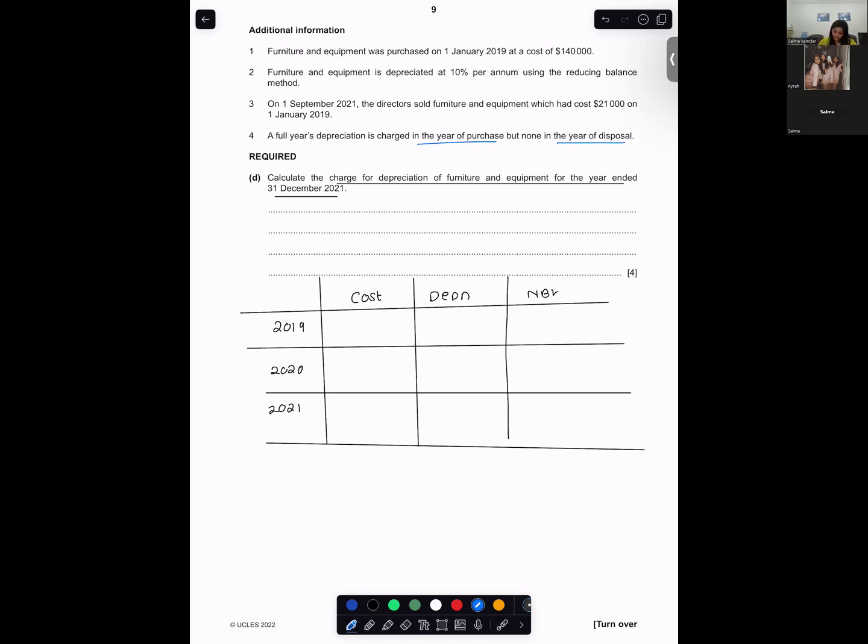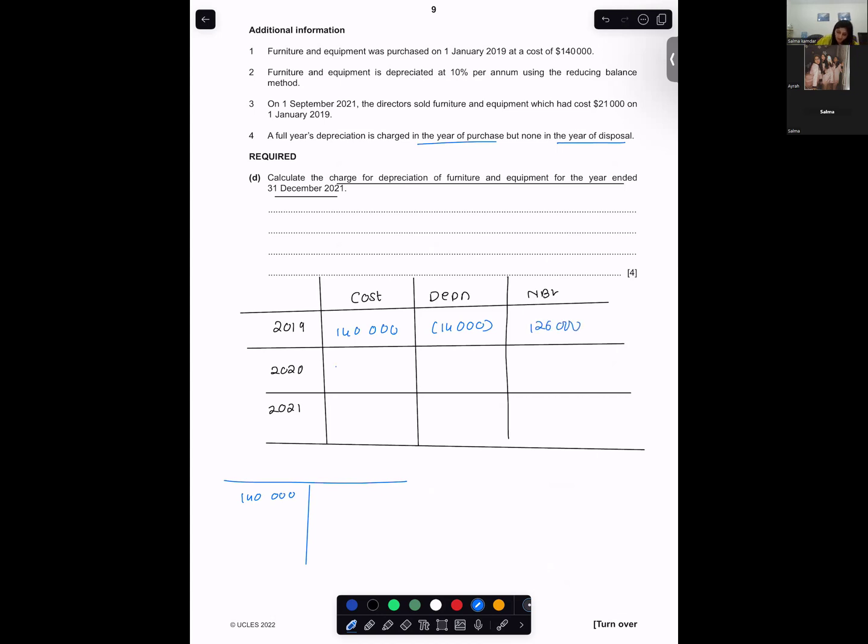The furniture and equipment was purchased for 140,000 in 2019. Depreciation is 10% reducing balance method: 14,000. Net book value 1,26,000.